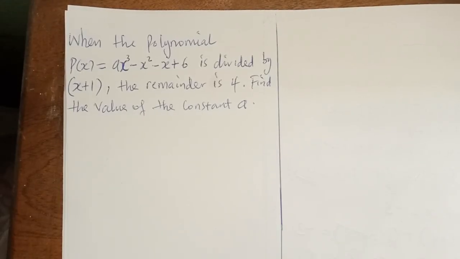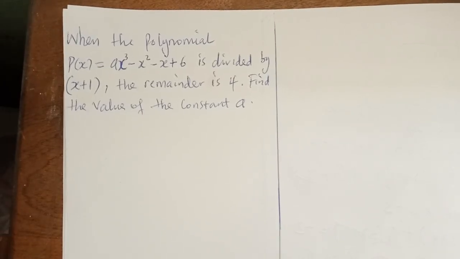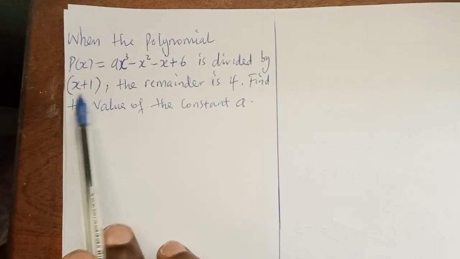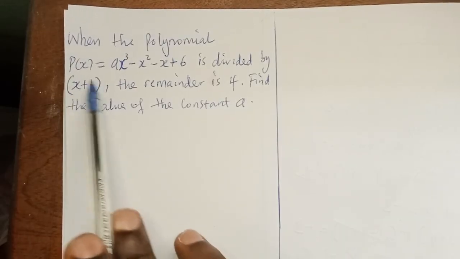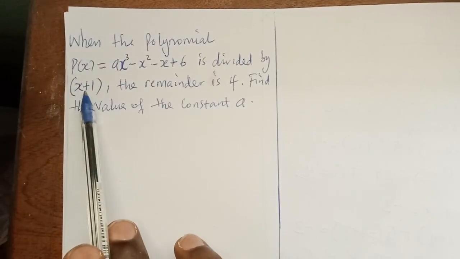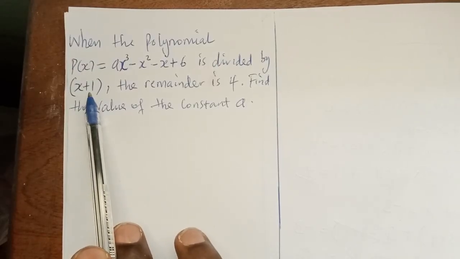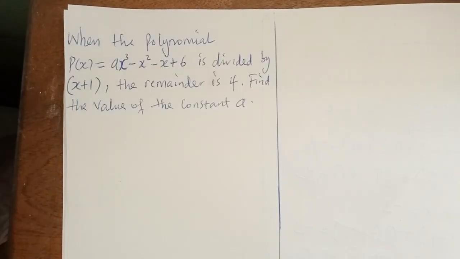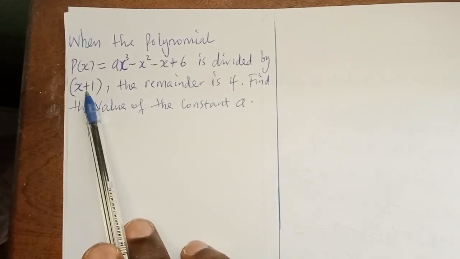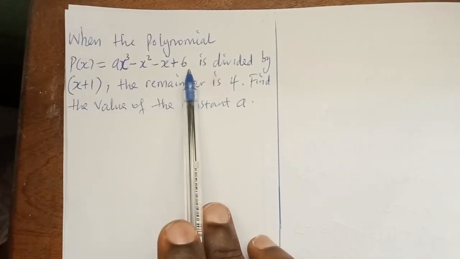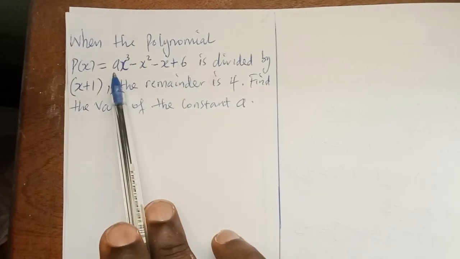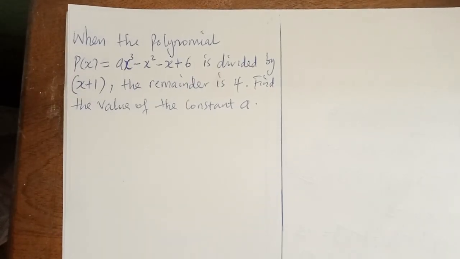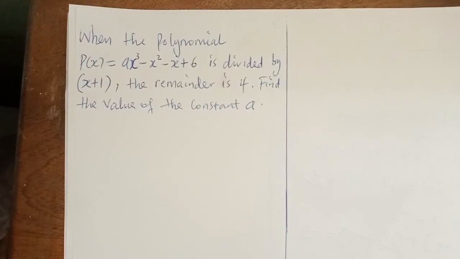Whenever a polynomial is divided by any given expression like this, then this is the factor of that polynomial. And if this is the factor, then we must set x plus 1 equal to 0 so that we get the value of x and input it inside of this expression to easily find the value of a. Now, let's put it into action.